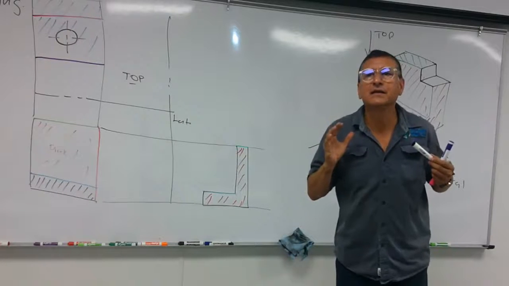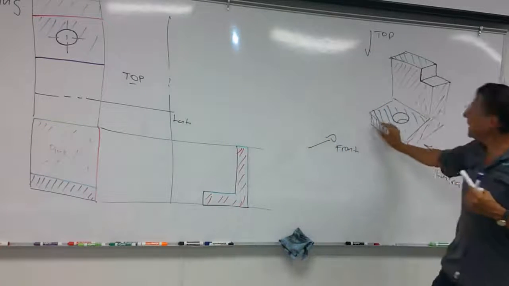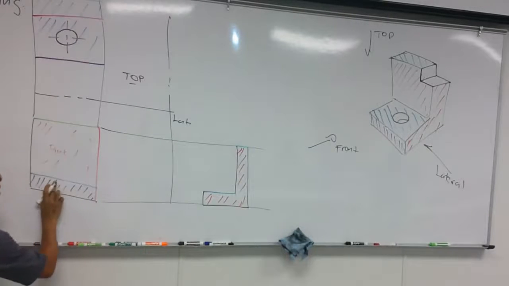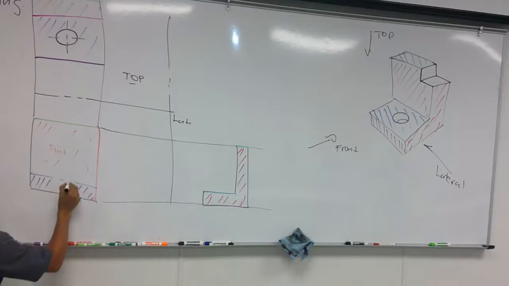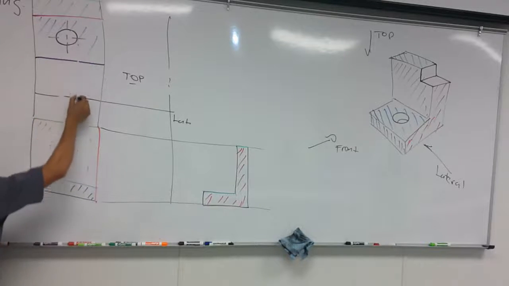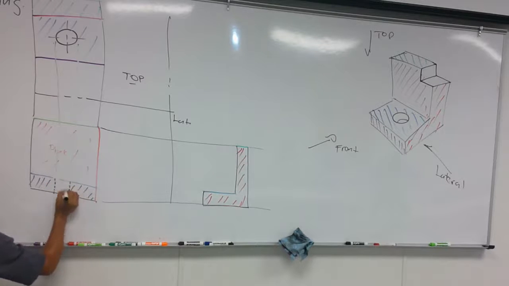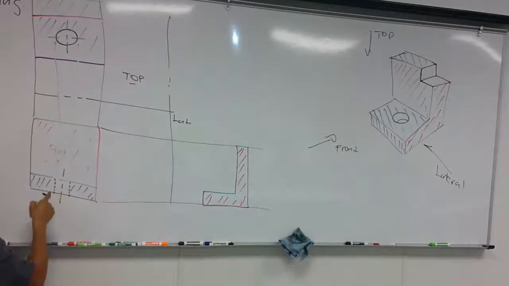Where? In that area, no? Oh, okay, look at this. That hole here is like this. I have the projections. I have dot lines here. And I have the center line indicating that the hole is over there.